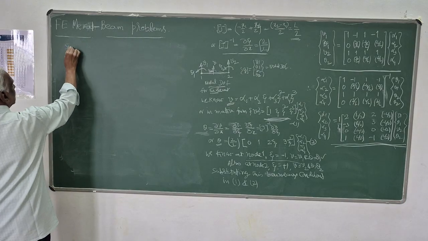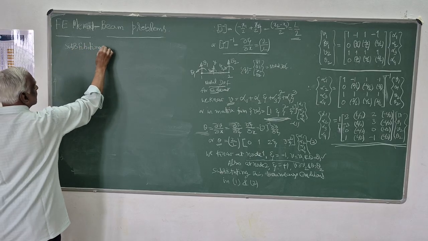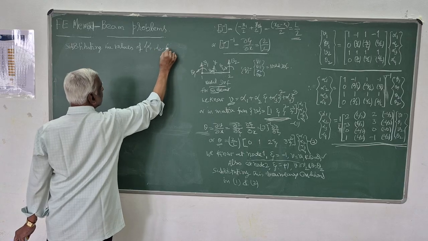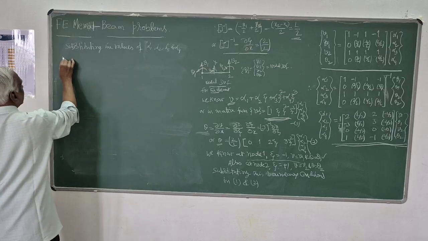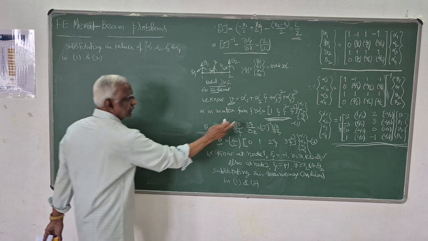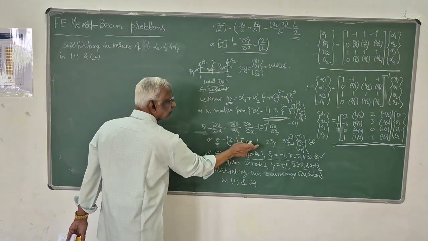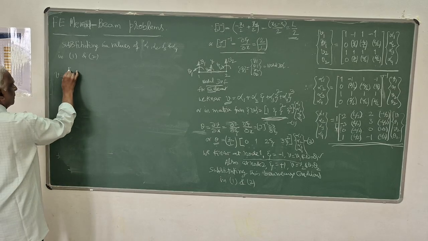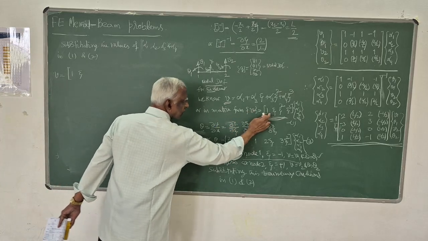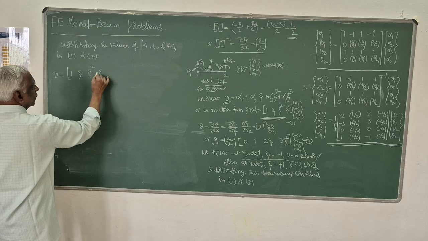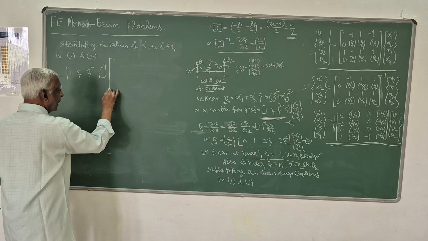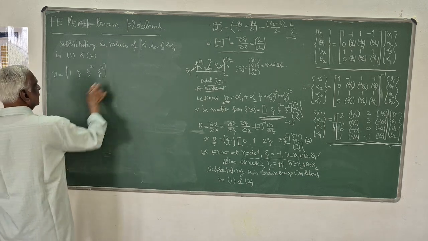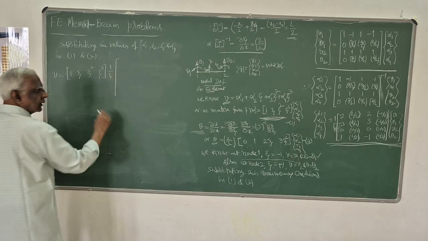So substituting the values of alpha 1, alpha 2, alpha 3 and alpha 4 in 1 and 2, this is equation 1, this is equation 2, if you substitute, you will get v equals 1, psi, psi square, psi cube into alpha 1, alpha 2, alpha 3, alpha 4, which is nothing but this 1 by 4 into that matrix.